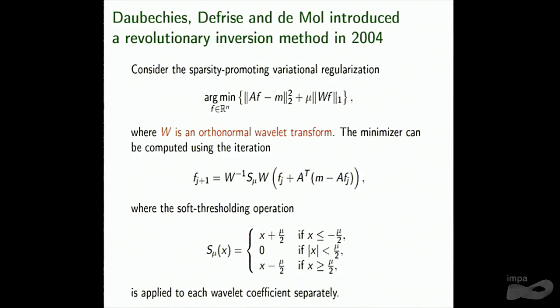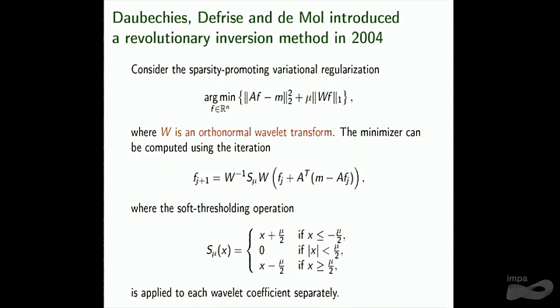And since there is this one norm, minimizing this kind of thing is known to promote reconstructions where a small number of wavelet coefficients is non-zero. Most of the wavelet coefficients are 0. And then, of course, the bigger you make mu, the more zero coefficients you have. So Daubechies, Defrise, and De Mol used convex analysis to design an iterative computation method for the minimizer of this functional.